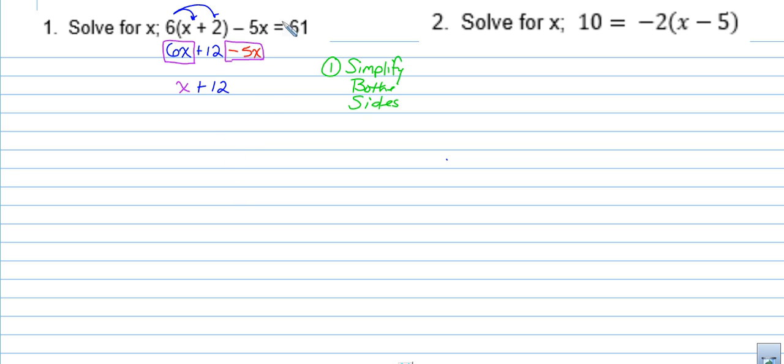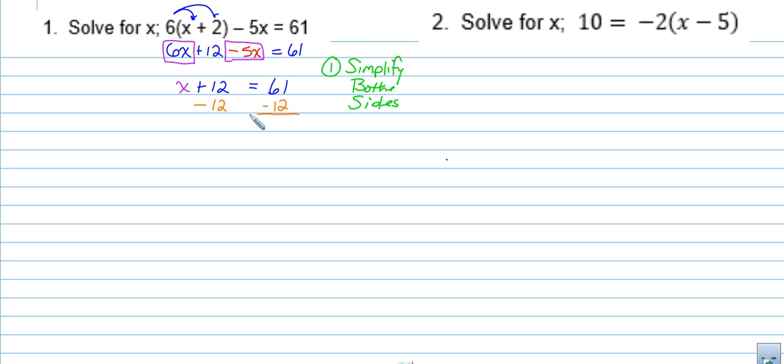So we'll focus on the right side now, after the equals. 61 can't be simplified any further. It's just one number, so 61 will come down again. Alright, and so now we have a simple one-step equation where we need to subtract 12 from both sides.